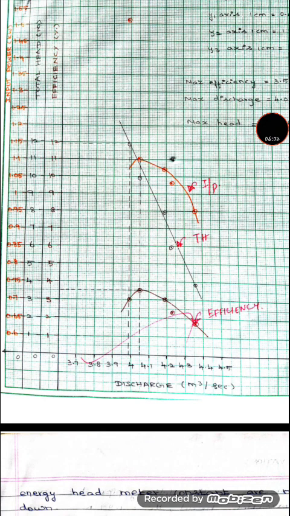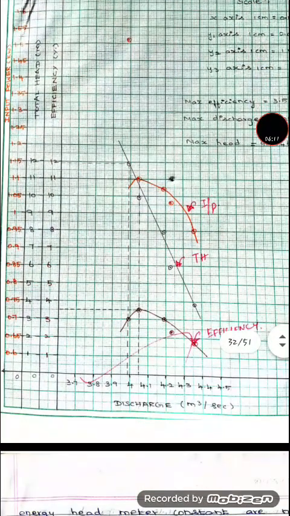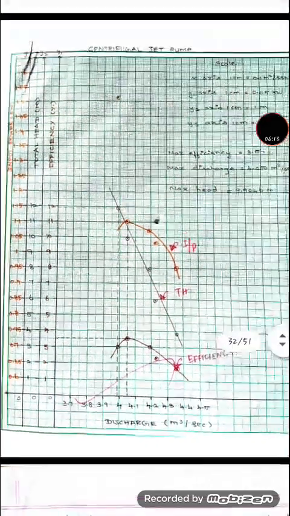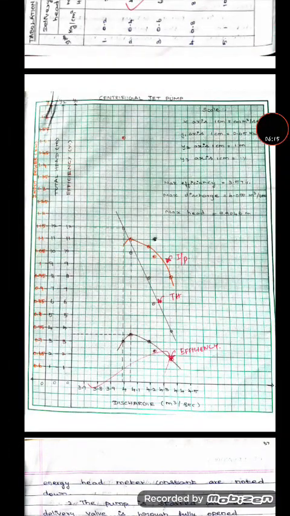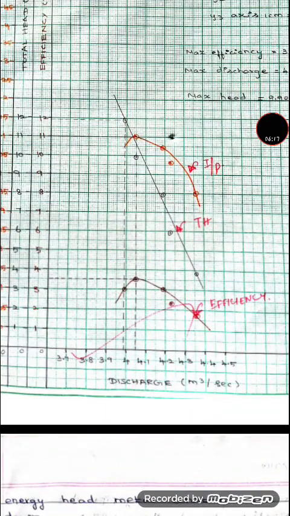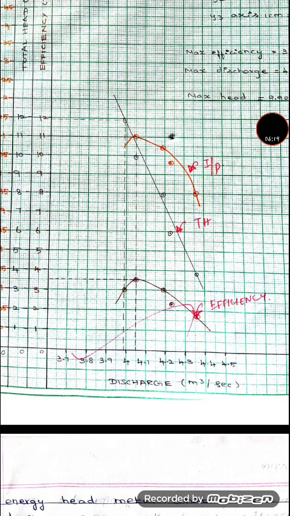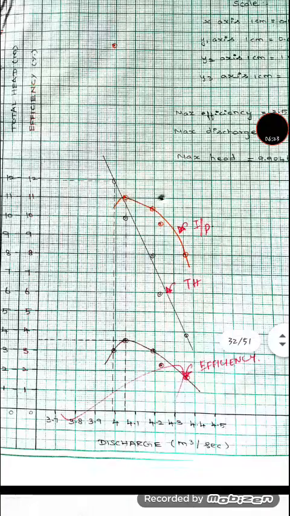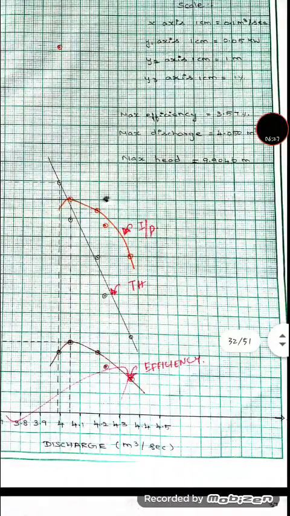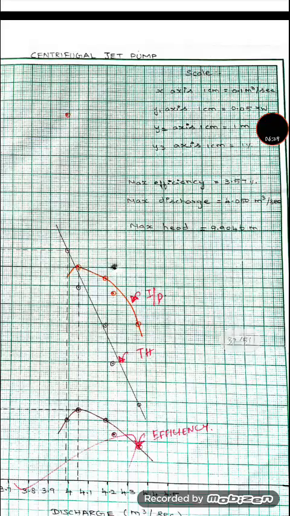Then we have to connect the points for the efficiency and input power as curves, because these are the characteristic curves. The efficiency of the pump has been covered with a curved line, and the total head has been connected by using a straight line. So this is the characteristic curve of the centrifugal jet pump.